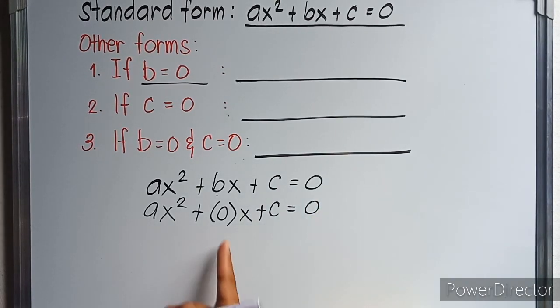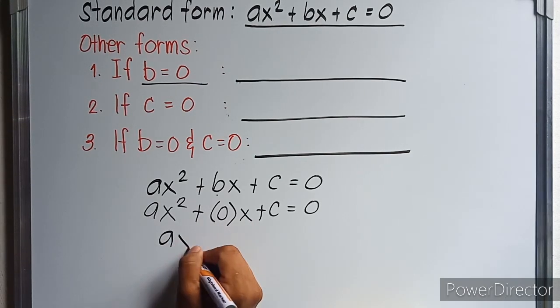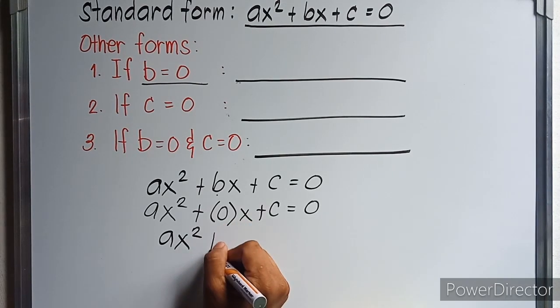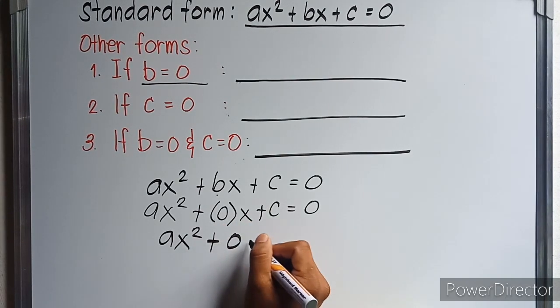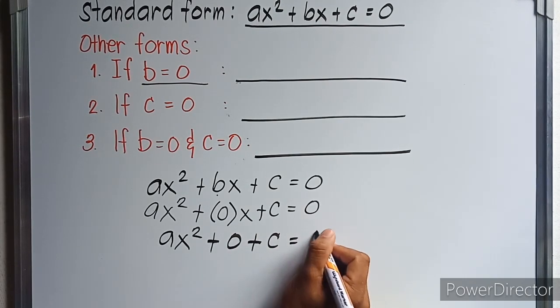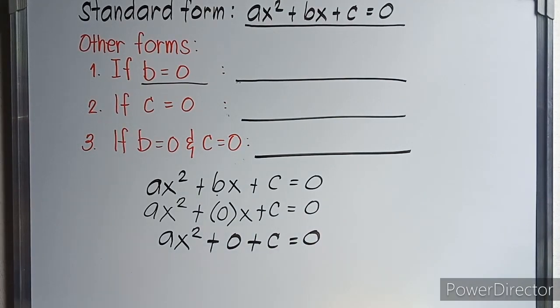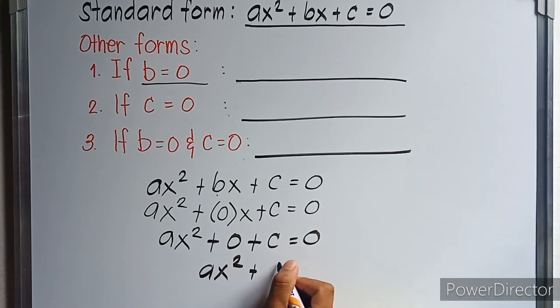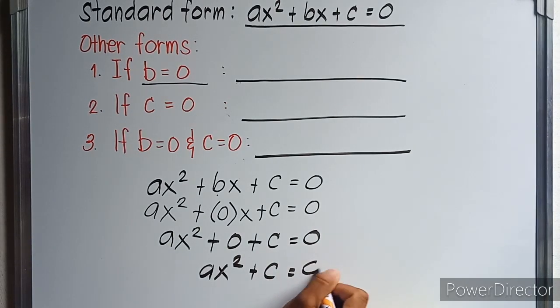We have to multiply 0 and x. So we have ax squared. What is 0 times x? That is 0 plus 0. So plus c is equal to 0. Adding 0 to the equation, that will become ax squared plus c is equal to 0.